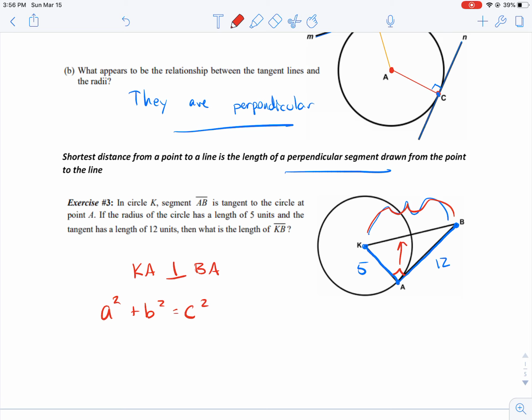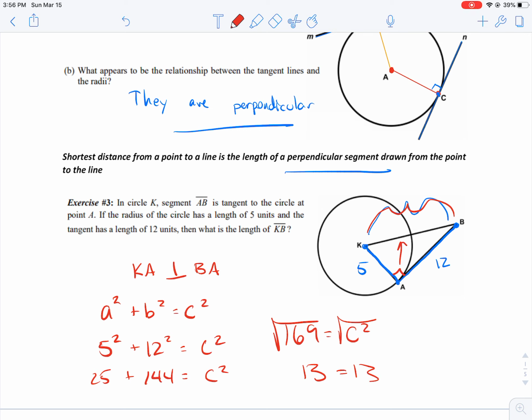In this case, they give us 5 squared plus 12 squared equals c squared, so we get 25 plus 144, which is 169, equal to c squared. Take the square root of 169, which is 13.